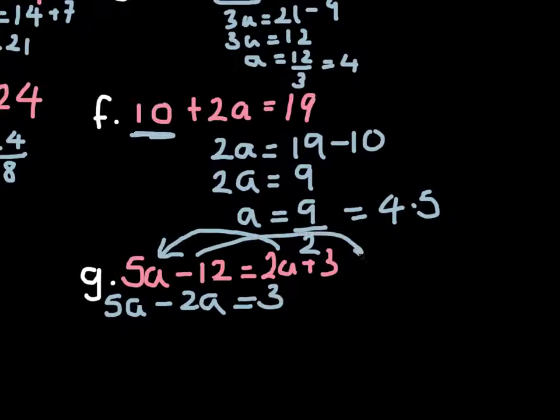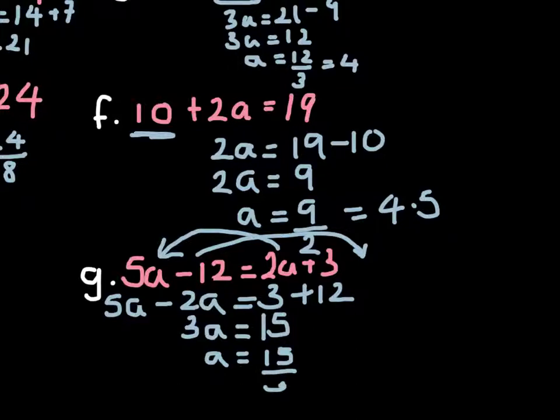Minus 12 is going to go onto this side, and it's going to become plus 12. 5A minus 2A is 3A. 3 plus 12 is 15. 3 times A is 15, so A equals 15 divided by 3, which is 5. Those last two questions, F and G, are merits.